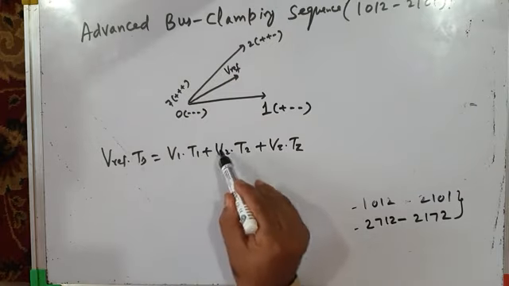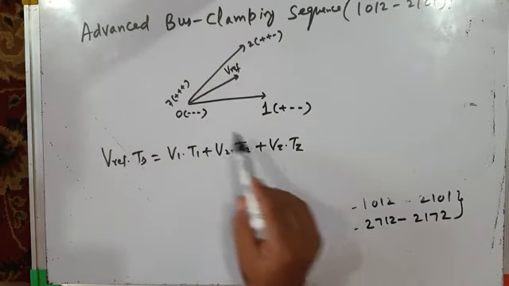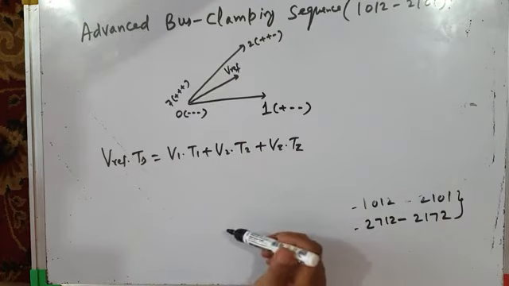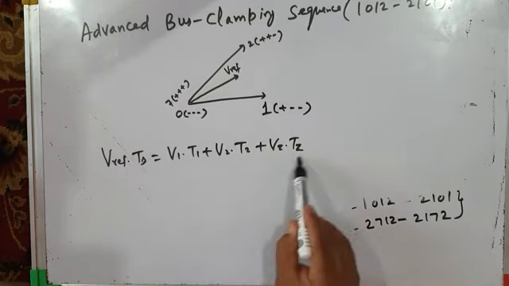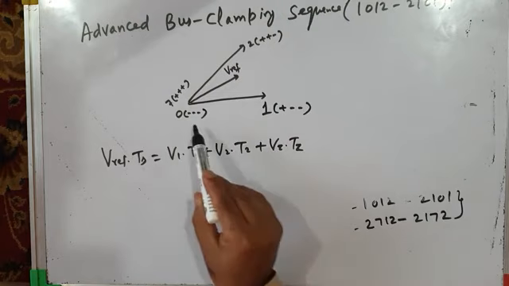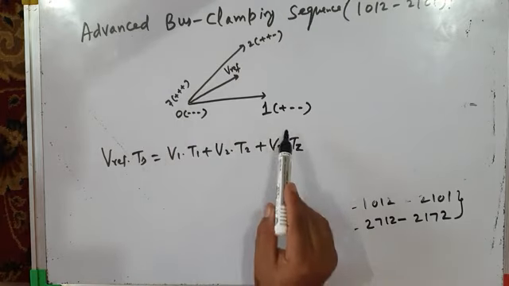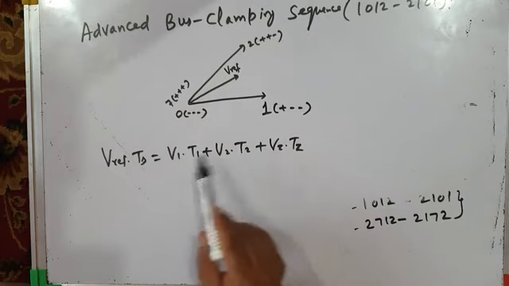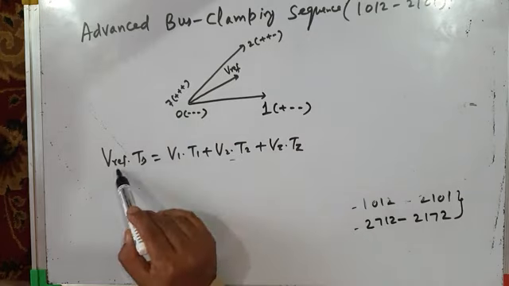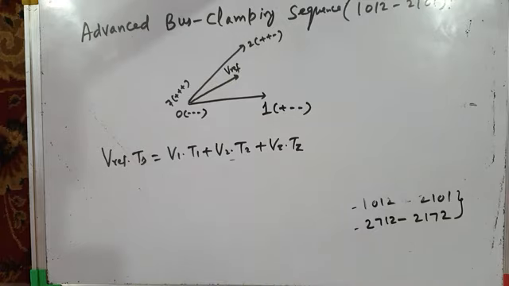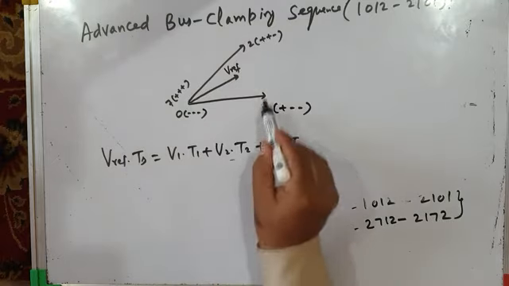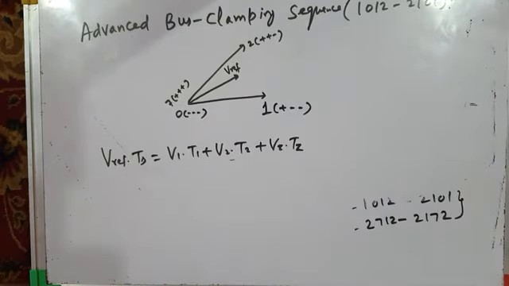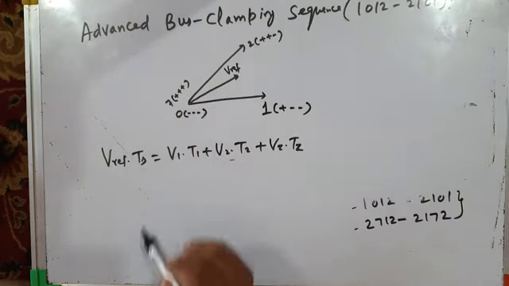And V1 T1 plus and so on, when we apply null vectors and active space vectors, is the total volt second. Time averaging of null vector 0, null vector 7, active vector 1 and active vector 2 will give rise to volt seconds which should be equal to this reference volt second. That is called volt second balance. Therefore, time averaging of the null vector and these active vectors will produce a reference voltage vector which is very close to this Vref.